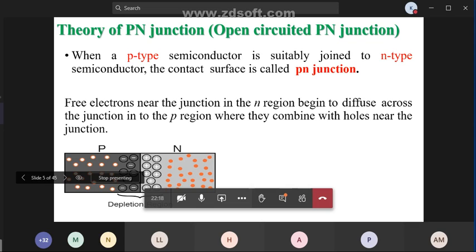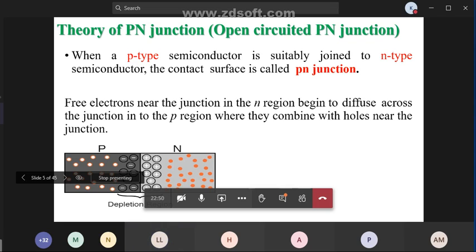When you combine p-type and n-type materials, immediately the free electrons in the n region begin to diffuse across the junction into the p region. These electrons from the n region combine with the holes in the p region immediately, right?